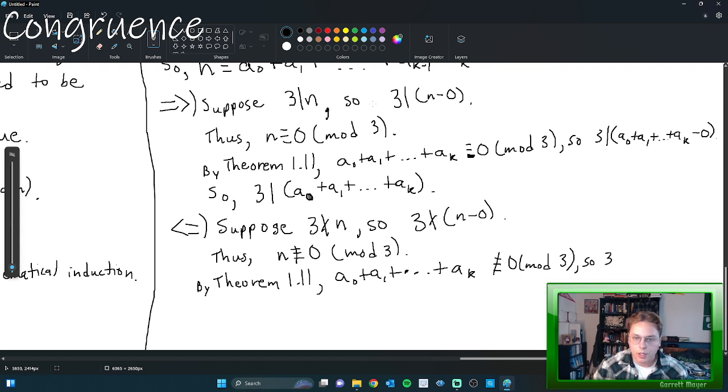So 3 does not divide a0 plus a1 plus dot dot dot plus ak minus 0. So 3 does not divide the sum of the digits of n.